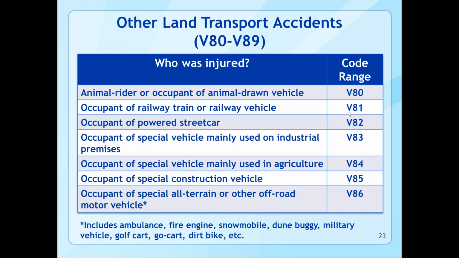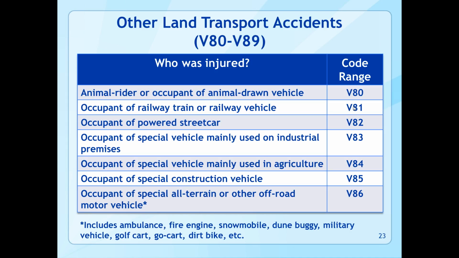So these are things like those powered carts that are used in airports to get people from one gate to the next, or the baggage carts or other special equipment used at airports to haul luggage or load the plane. Things like forklifts, a coal car in a mine, those types of things. So those are mostly vehicles used on an industrial premise.